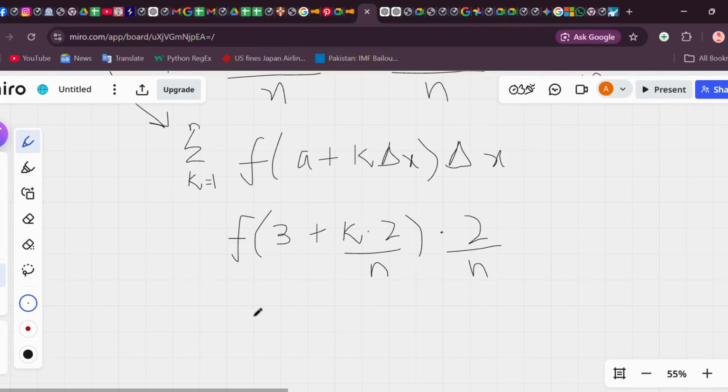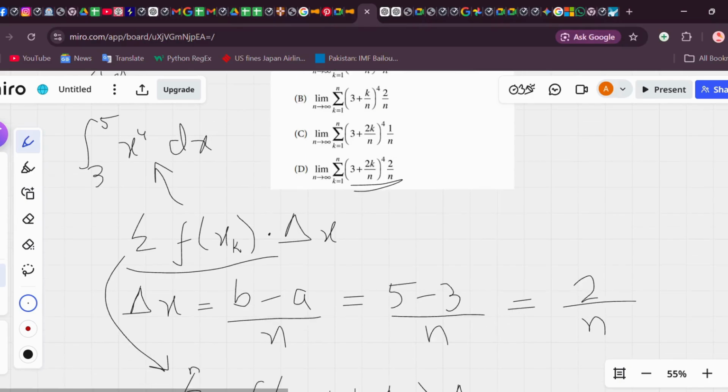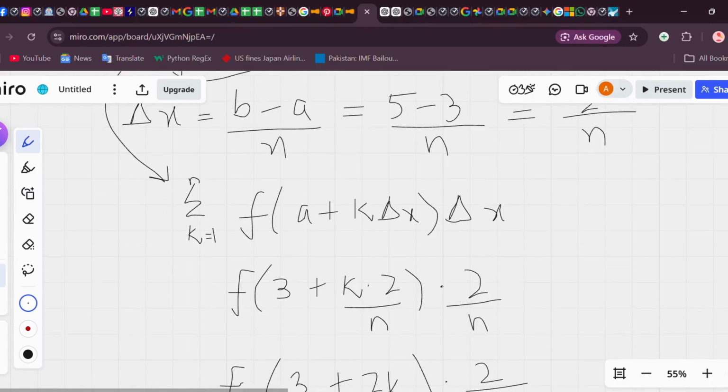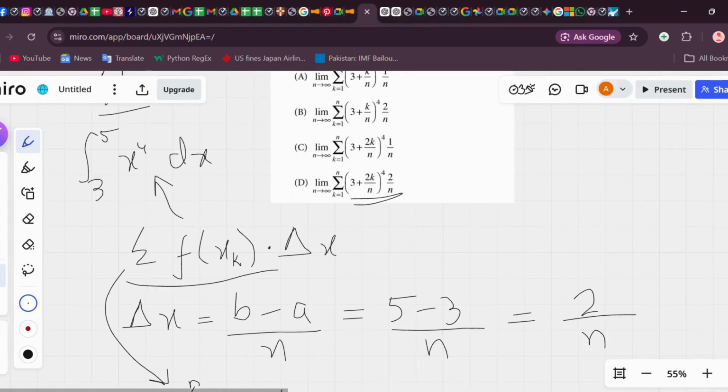So this will become the function 3 plus 2k over n, times 2 over n. Let's see which of the answers suits our answer. So 3 plus 2k over n times 2 over n.